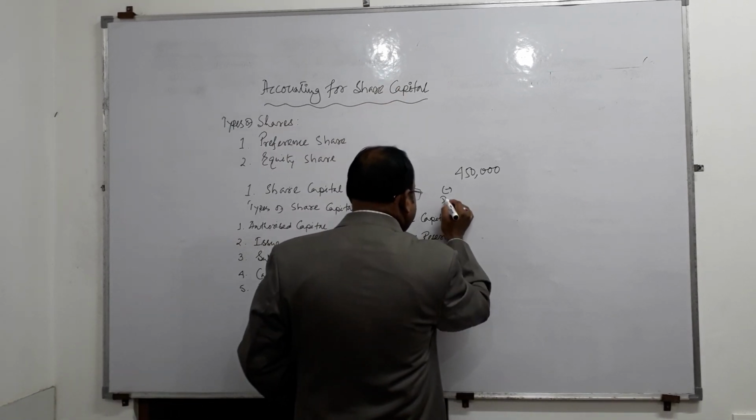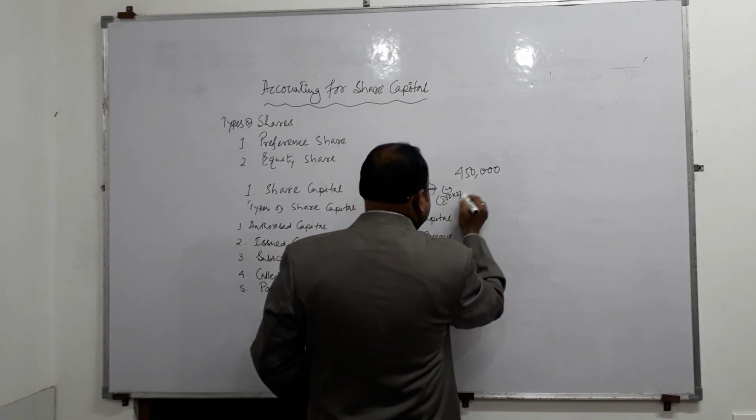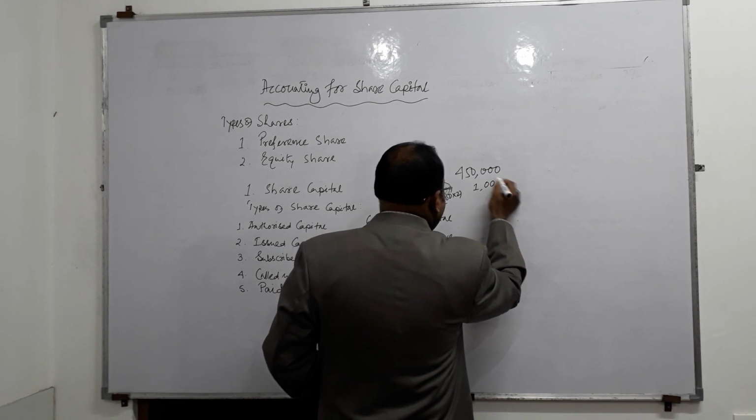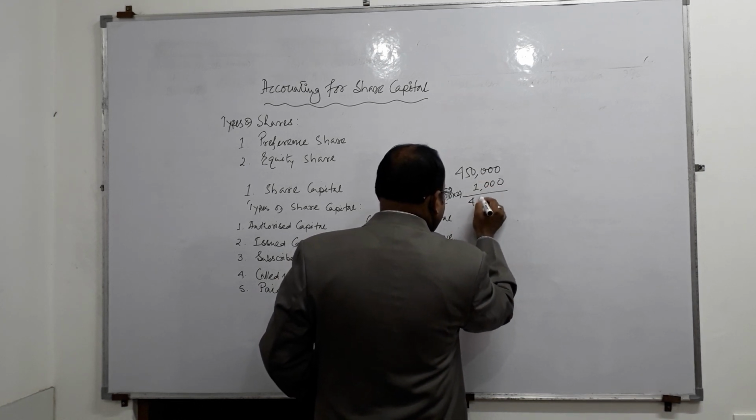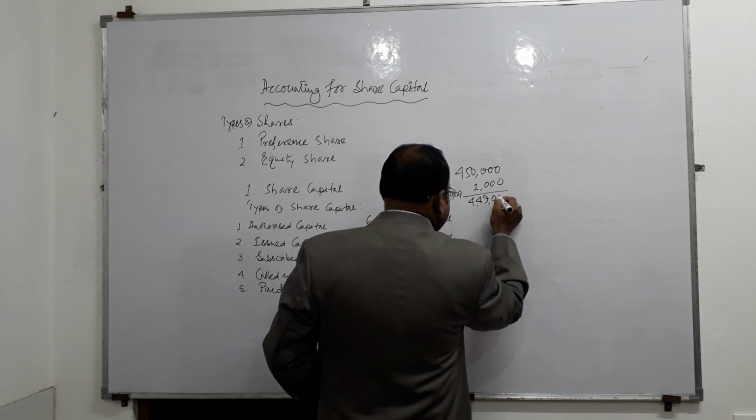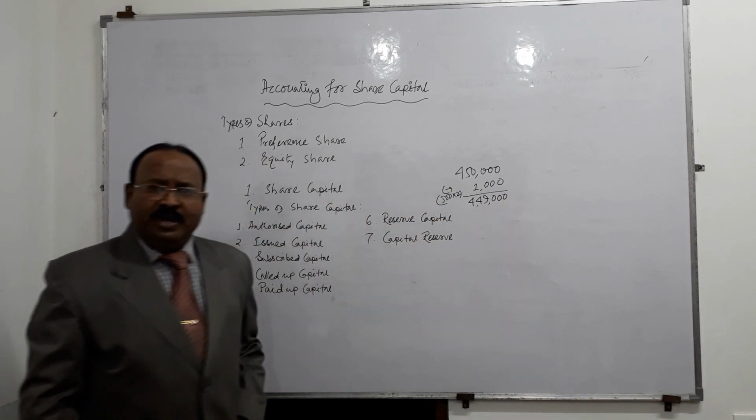So 500 into 2, that is 1,000, the company did not get out of 4,50,000. So 4,49,000 is considered as paid up capital.